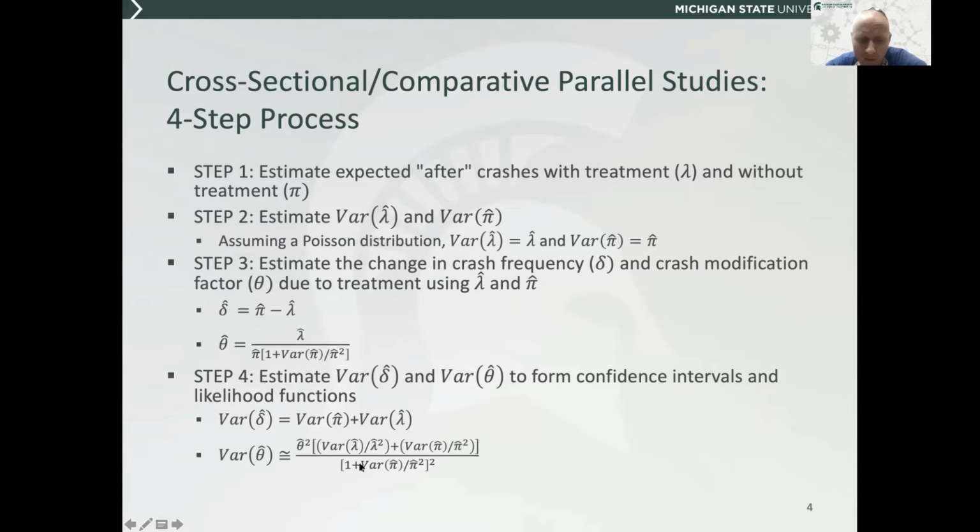And the denominator here is just 1 plus 1 over pi, that quantity squared, okay? And so we can use this then to estimate the variance of these quantities. We take the square root to obtain a standard deviation, and then we can construct 95% confidence intervals to evaluate whether these differences are significantly different from 0 in the case of an effect, or significantly different from 1 in the case of a CMF.